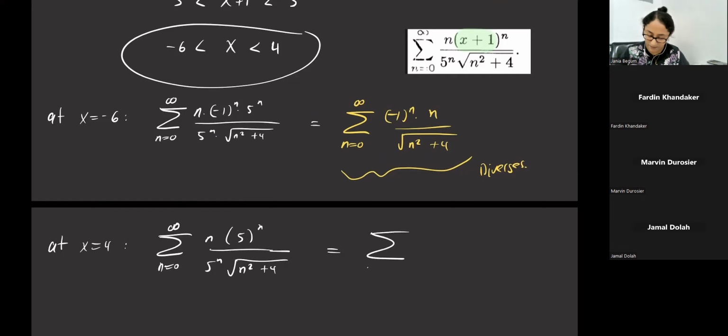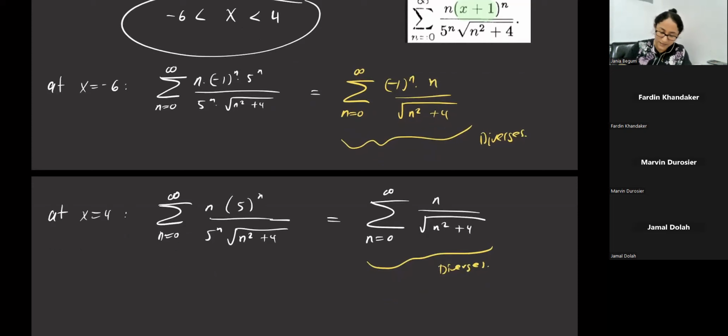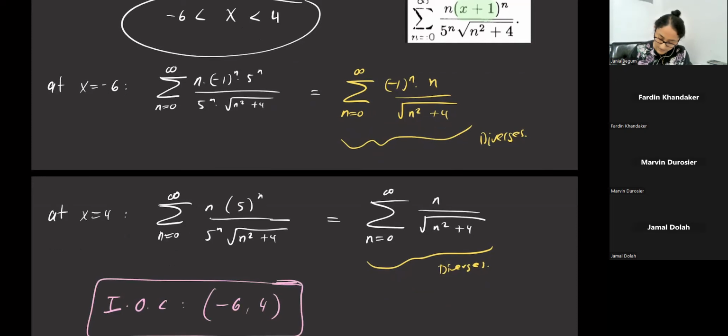You have the sum starting from n equals 0 to infinity of n over the square root of n squared plus 4. Now again, same argument, right? This diverges. So therefore, our interval of convergence is going to be open, -6 to 4, open. That will be the interval of convergence. So there is no convergence at the endpoints. They have to be open.